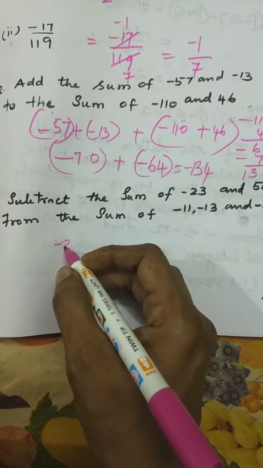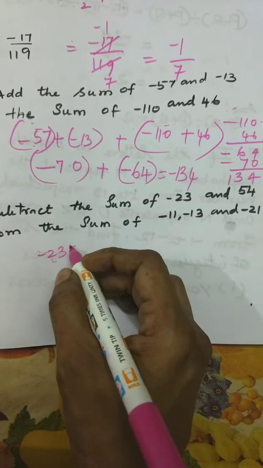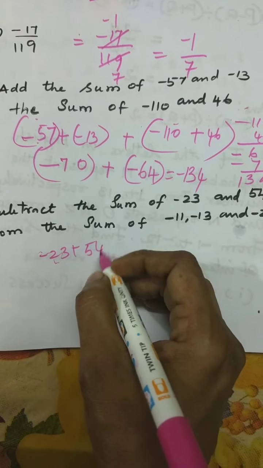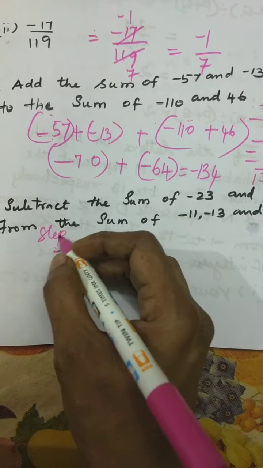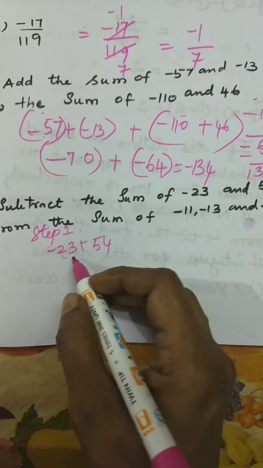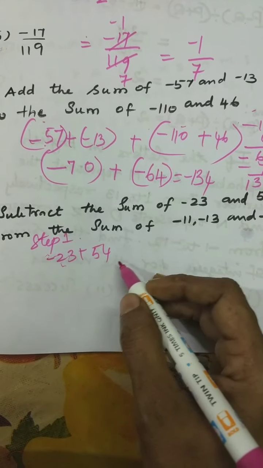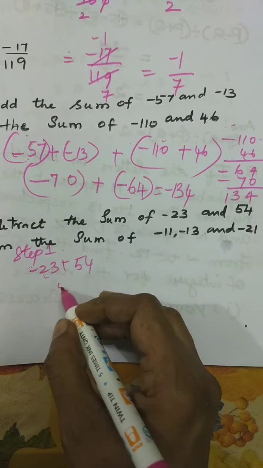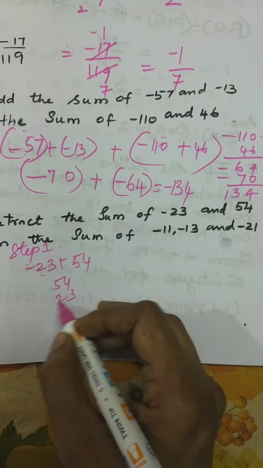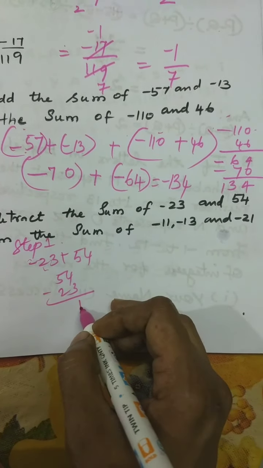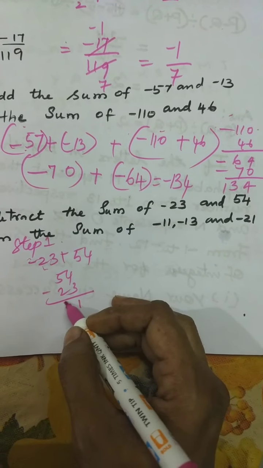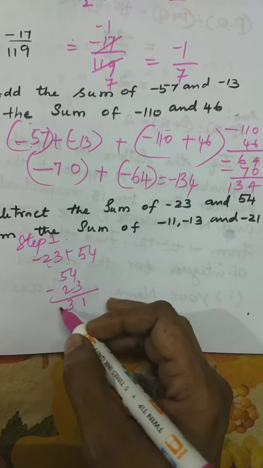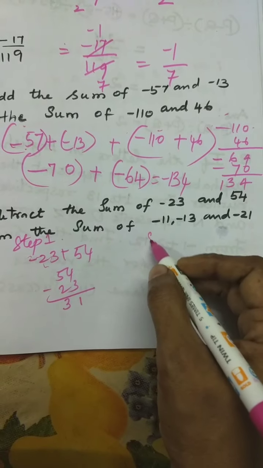Find the sum of 23 plus 54. This is step 1. What is 23 plus 54? From 54 you have to subtract 23. Then 5 minus 2, 3, 1 is 31. Okay. Plus 31. Then step 2.